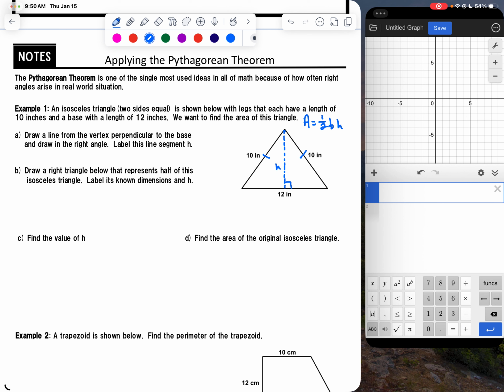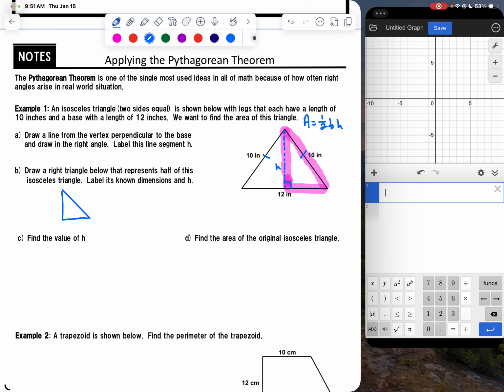Now, in part B, it says draw a right triangle below that represents half of this isosceles triangle. So in other words, they want us to draw a model just for half of the isosceles triangle. So I'm going to do that right here. I'll draw in just half of this model.